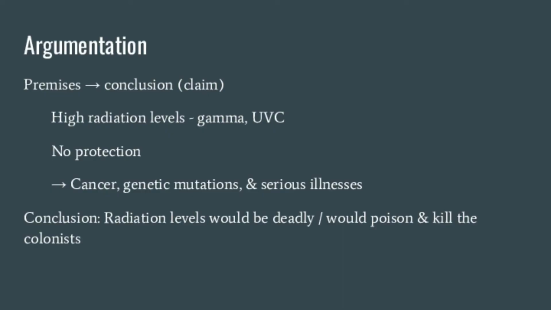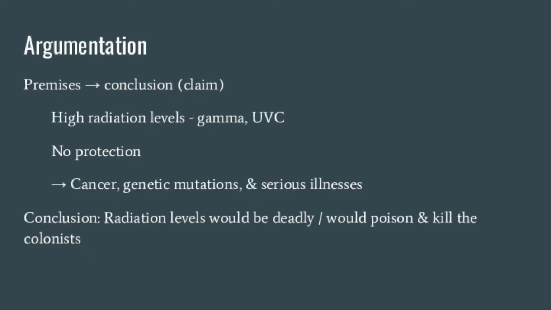You could restructure this and look at it in a different way. These different claims are premises. A premise is one statement or claim that leads to another one. And then the conclusion is the core of your argument, that Martian radiation would be too deadly.